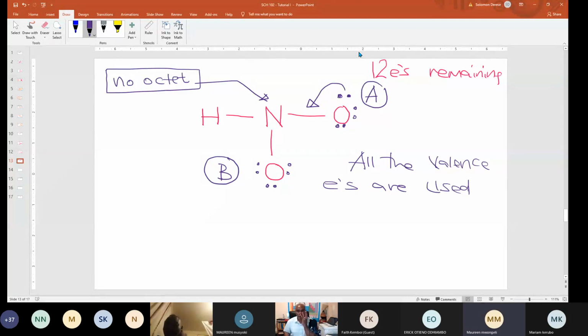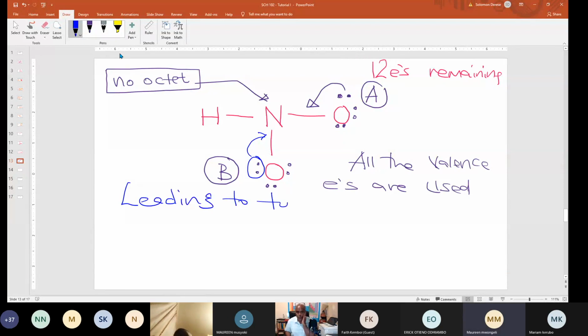So one possibility is like this. Let me use another plain color. The other possibility is like this. So leading to two resonance structures.